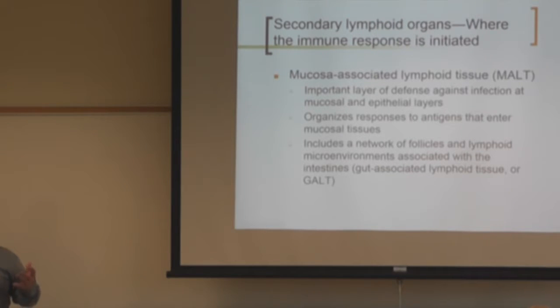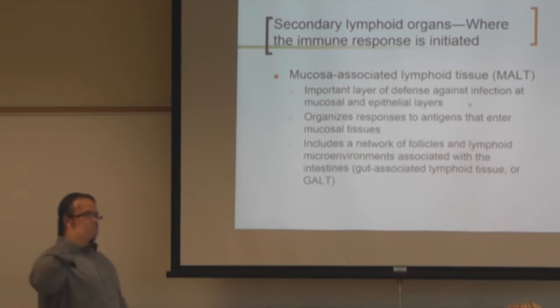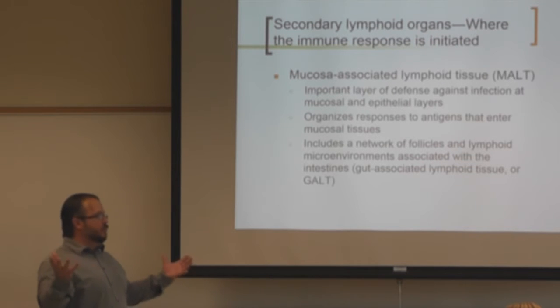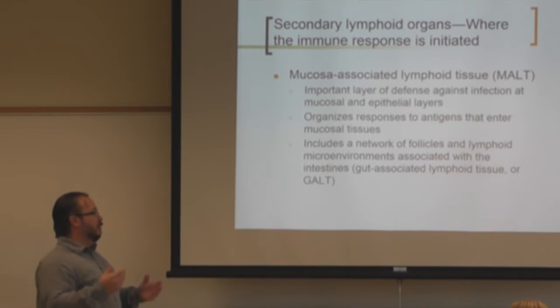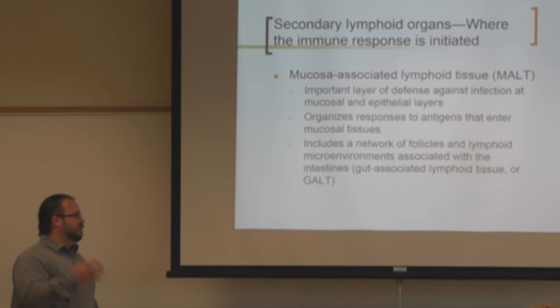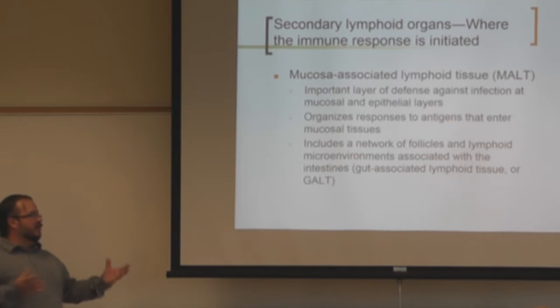And this is an important layer of defense because we're constantly consuming things or bringing things into our mucosa, and antigens are being brought in. We're eating things that have bacteria in them or other parasites. And so our first line of alerting the immune system that something might be coming into contact with us soon would be in that gut.